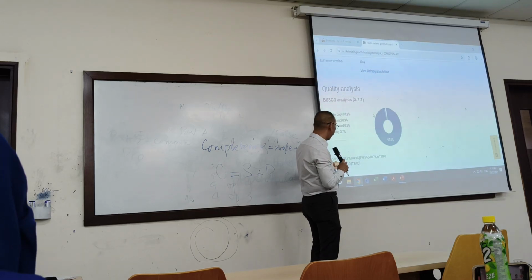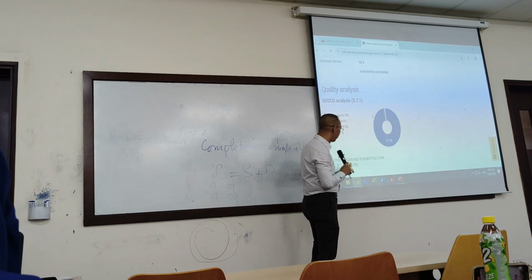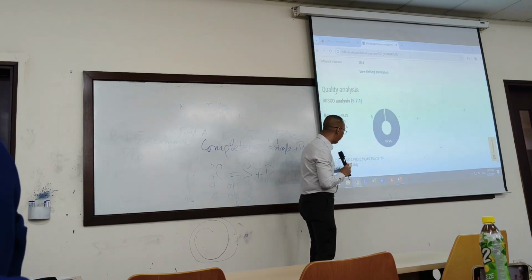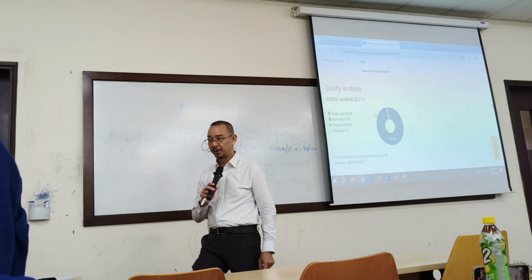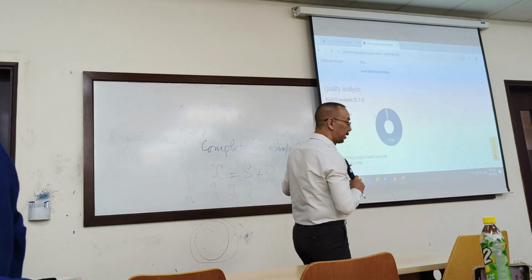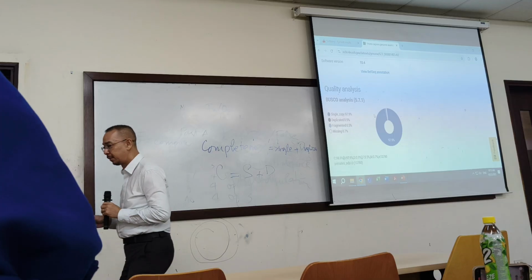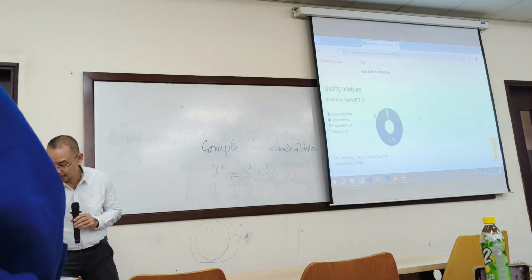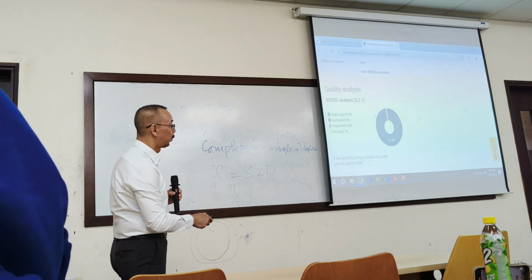You don't need to calculate, you copy this one. C 98.9%, S 97.9%, D. You copy this one. You don't need to calculate. But explain the completeness equal to single plus duplicated. You have to report. Report this one.